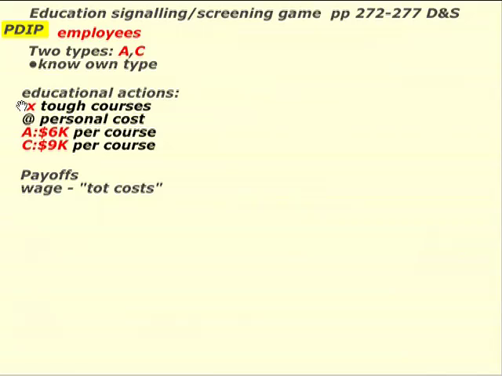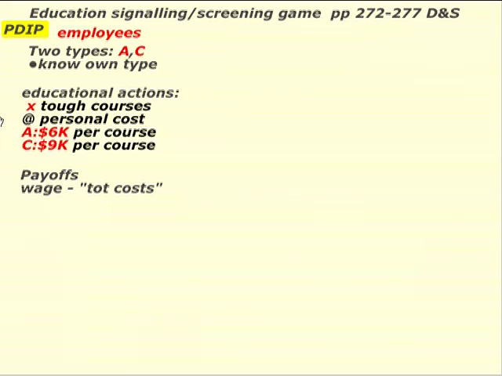The other characteristic of the employees worth knowing is how easy or difficult it is for them to do tough courses. This is not how easy or difficult it is for them to do the job, but rather if they have to take tough courses for a job, there are monetary expenditures, time expenditures and effort expenditures, and we want a difference between the able guys and the challenged guys, making it cheaper overall for the able to do a tough course.